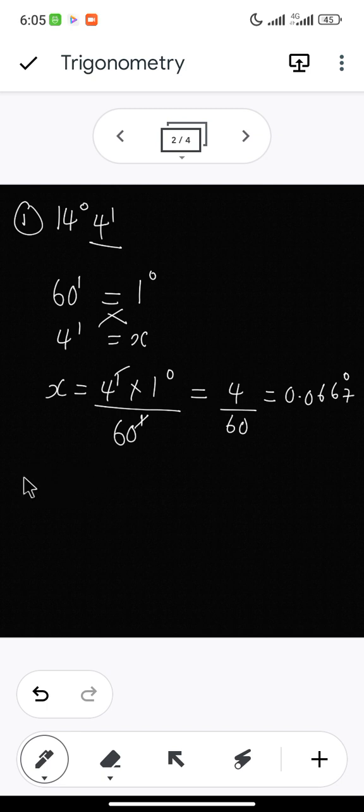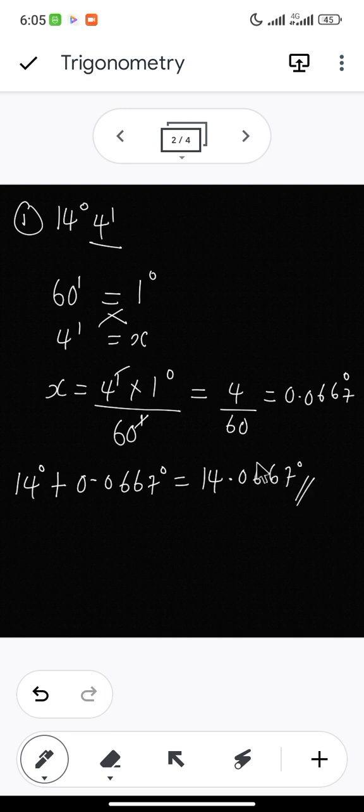So this time around, unlike the previous example when we were converting from degree to degree and minutes, you don't need to approximate. So once you get to this point, you take 14 degrees plus whatever you get here, 0.0667 degree. This gives you 14.0667 degrees. So this is your answer.